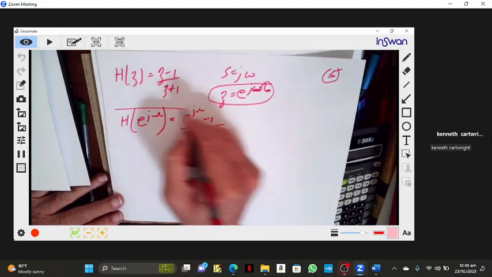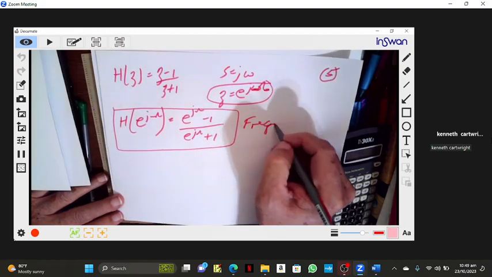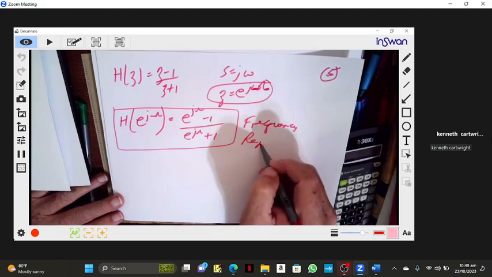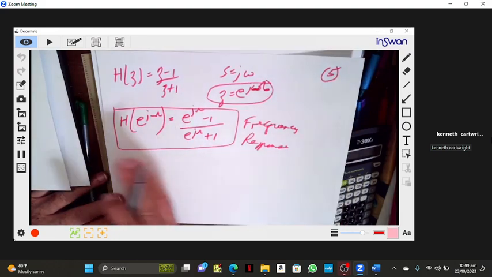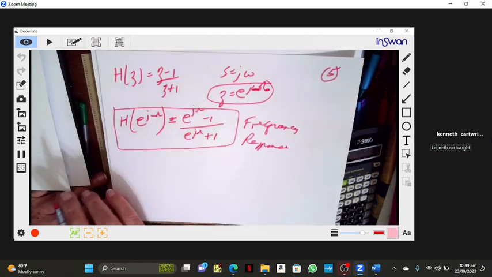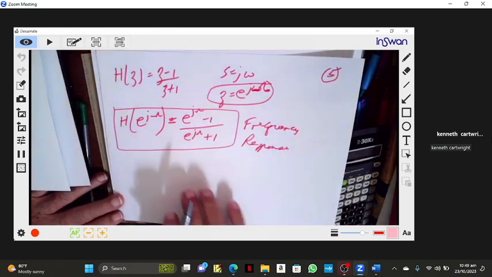This is the frequency response. This is how your filter behaves in the frequency domain. It's a transfer function, but with respect to frequency.